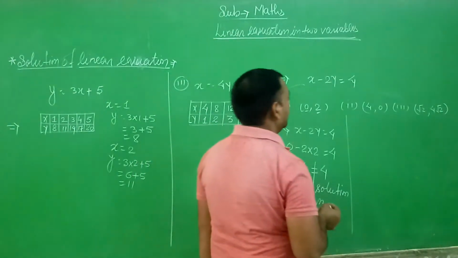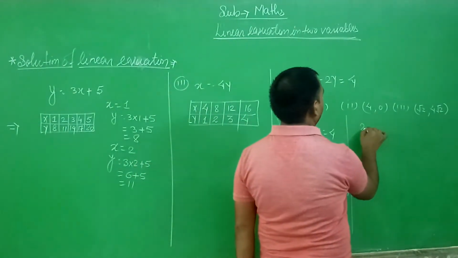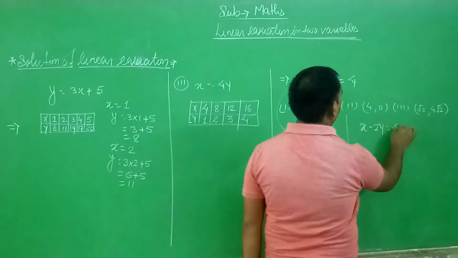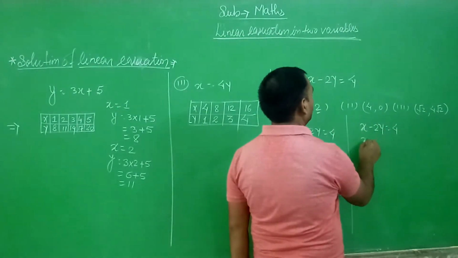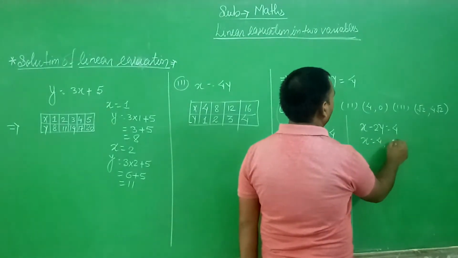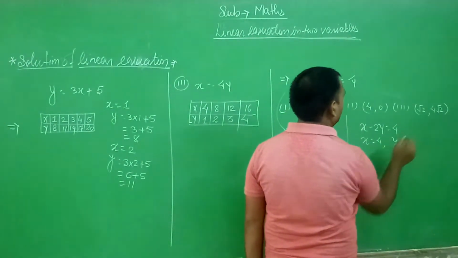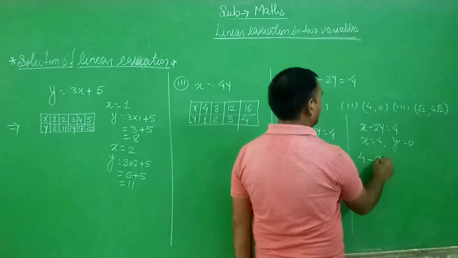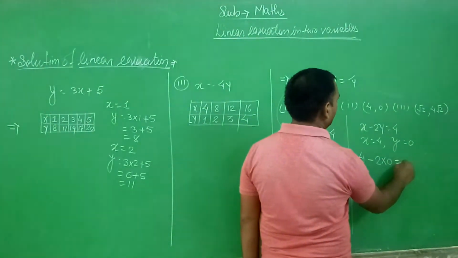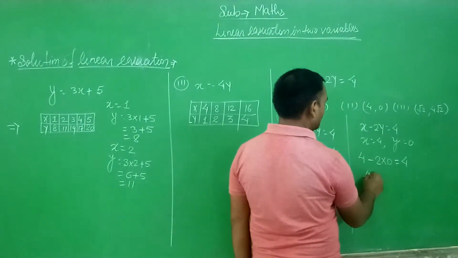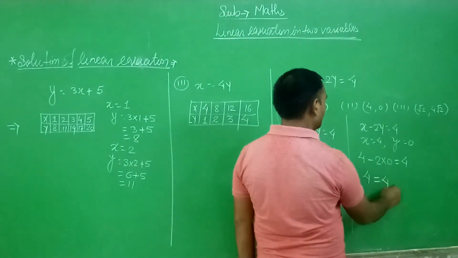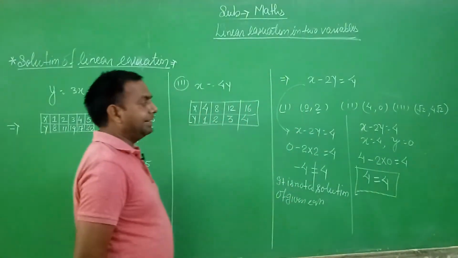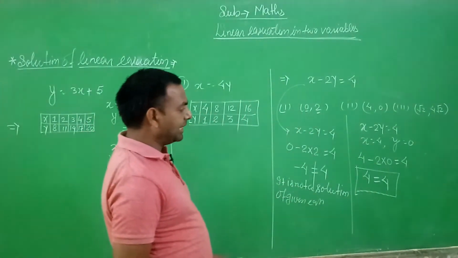Second condition: here you also write the equation x minus 2y is equal to 4. Here the value of x is 4 and the value of y is 0. So you put 4 minus 2 into 0 is equal to 4. Here 4 is equal to 4. You can see LHS and RHS both sides are equal.